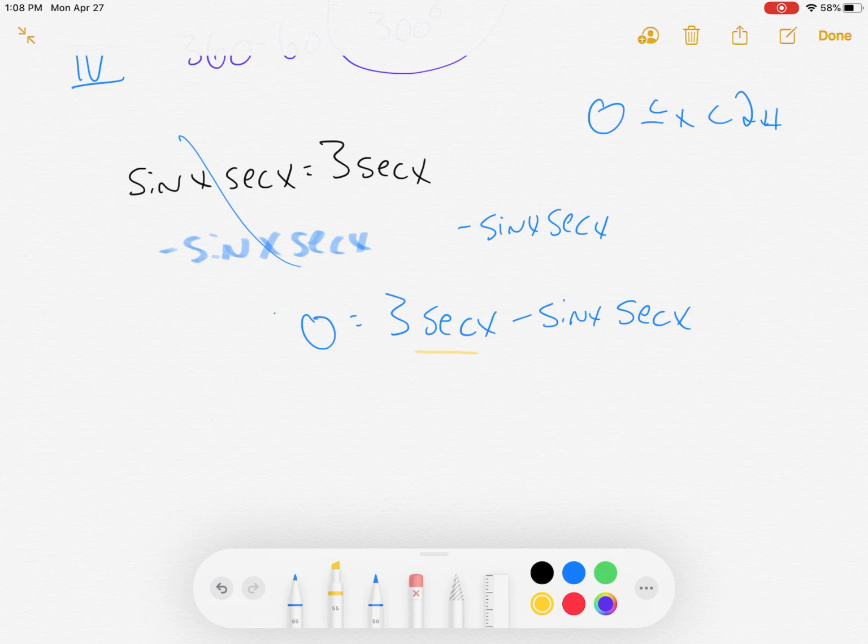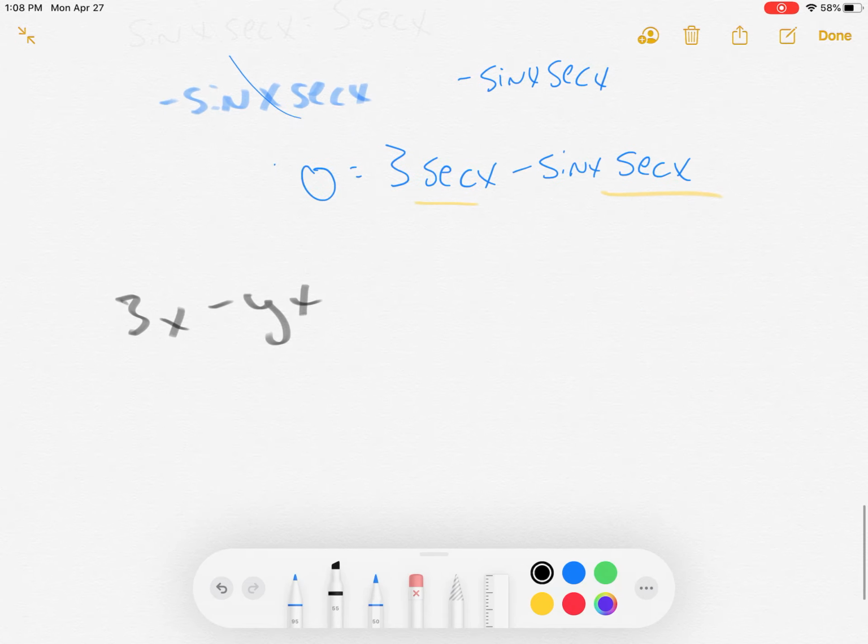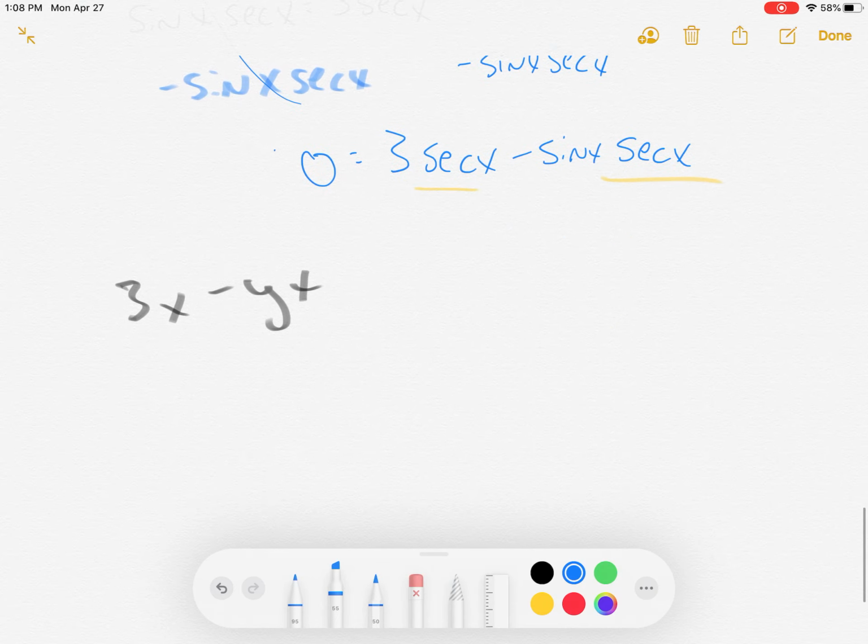Now, when we look at the right-hand side of this, all this tells us is, hey, we have a secant in both of these. So couldn't you just factor out a secant? For example, if you had 3x minus yx, what you would do is factor out an x and make this x times 3 minus y.